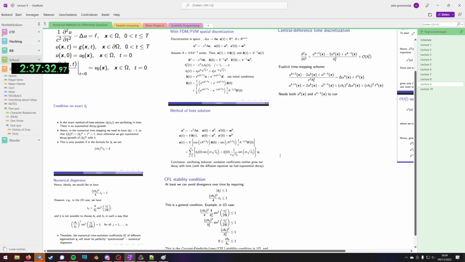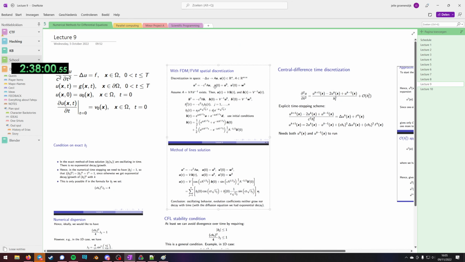With FDM and FEM, you have this. Assume A equals V lambda V inverse exists. The reason we can split this up, I guess, is because it's positive definite. So you can do A equals V lambda V inverse.